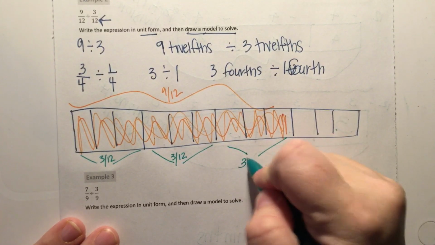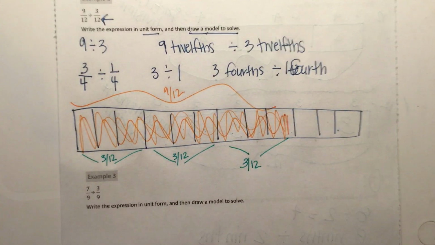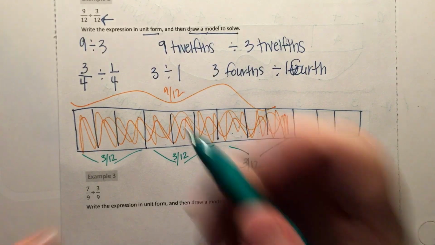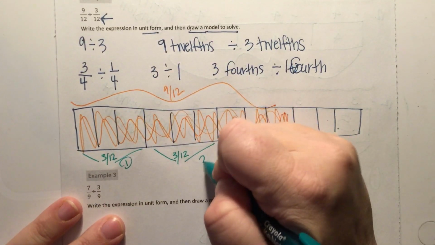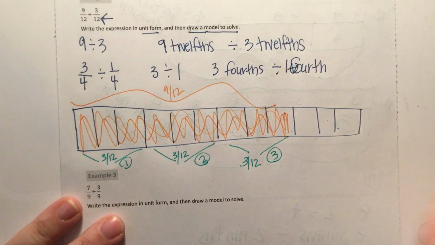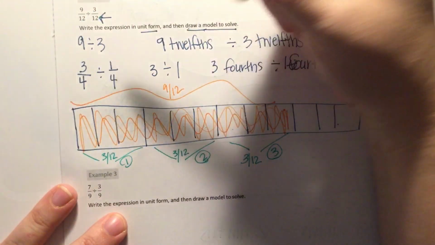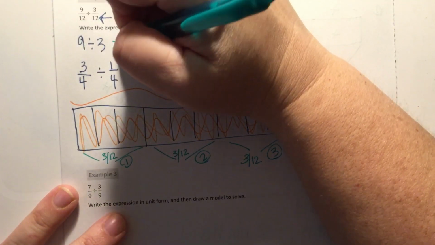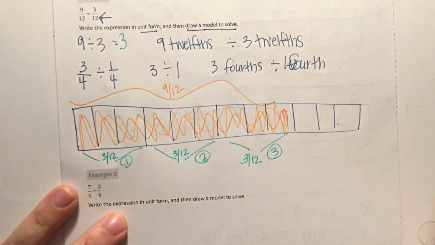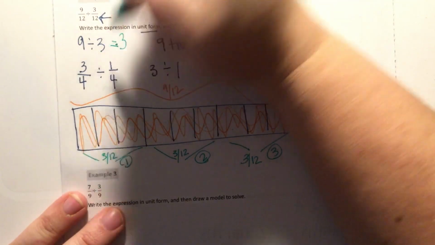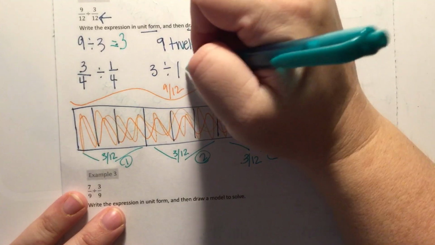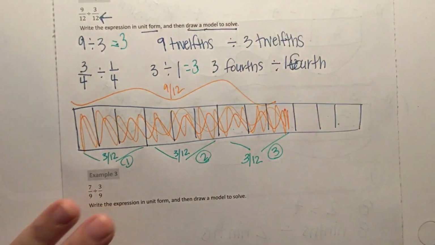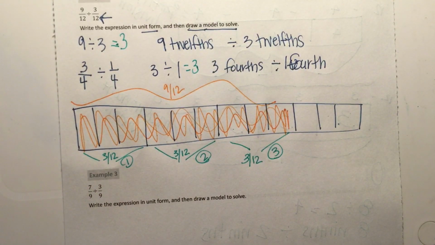So guys, how many people are going to be able to have 3 pieces of pizza if I have 9 left? 1 person here, 2 person here, 3 person here. We also know that 9 divided by 3 is 3, because 3 times 3 is 9. And we also know 3 divided by 1 is 3.